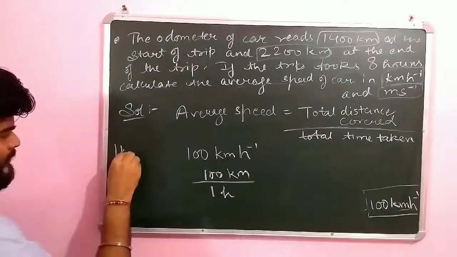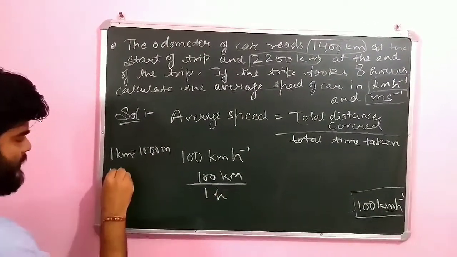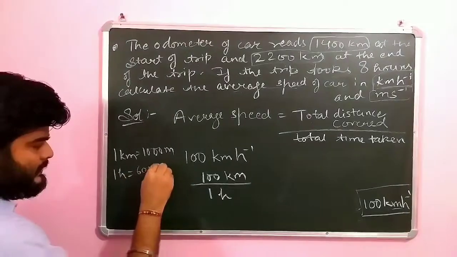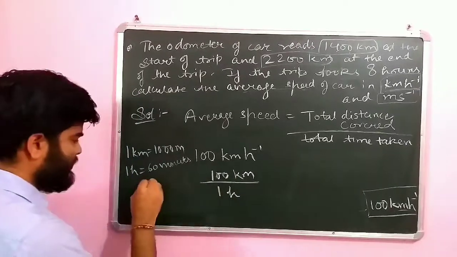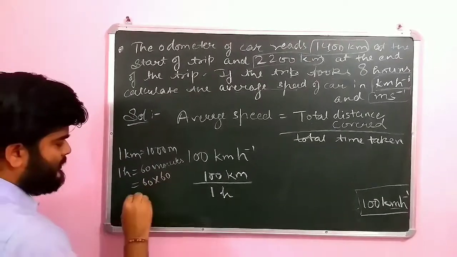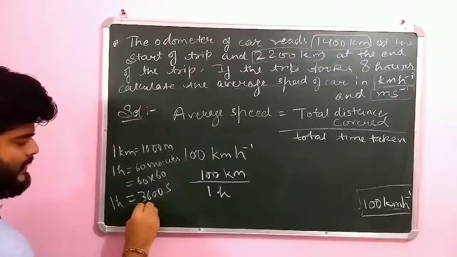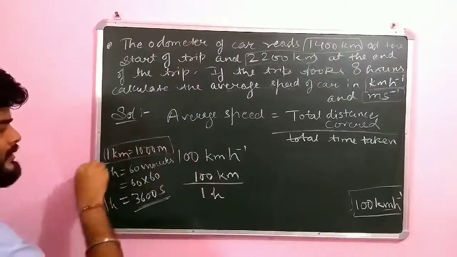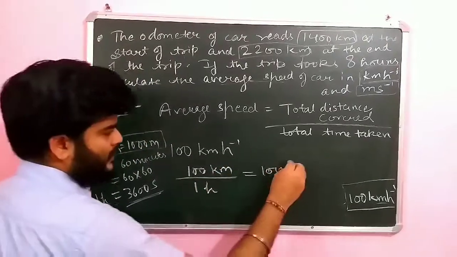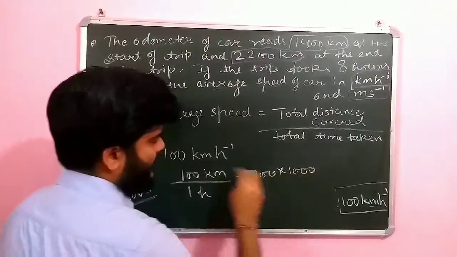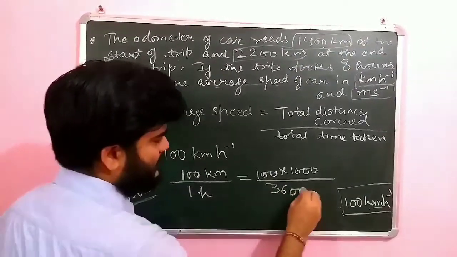So you all know in 1 kilometer there are 1000 meters and in 1 hour there are 60 minutes and in each minute there are 60 seconds. So total number of seconds comes out to be 3600 seconds. In 1 hour there are 3600 seconds and in 1 kilometer there are 1000 meters. This is 100 kilometer, so we convert this into meters. 1 hour means 3600 seconds.